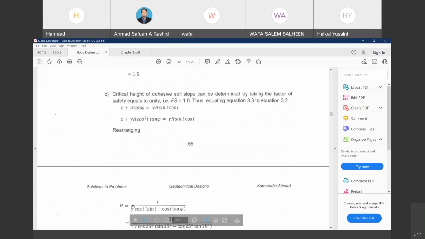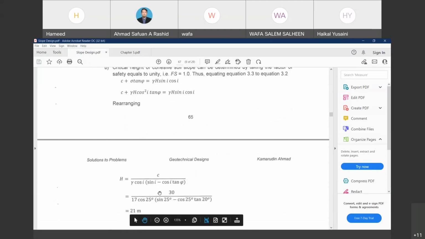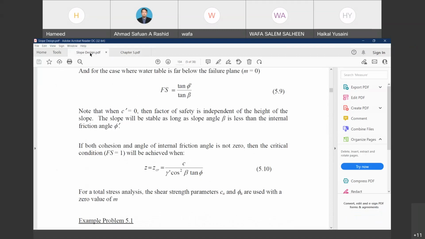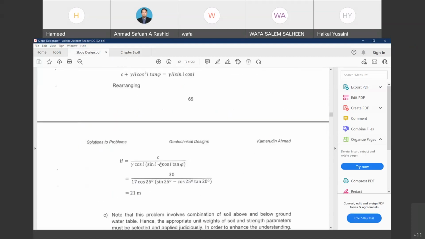After rearranging, the equation will be: C equals gamma cos i times sin i minus cos i tan phi. When we calculate it, 30 over 17 cos 25 times sin 25 minus cos 25 tan 20, the value is equal to 21.